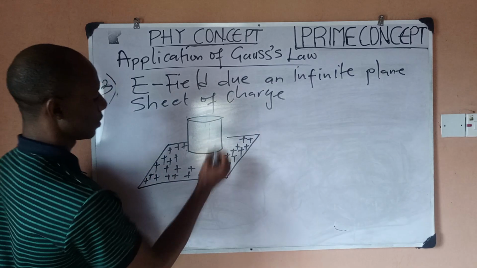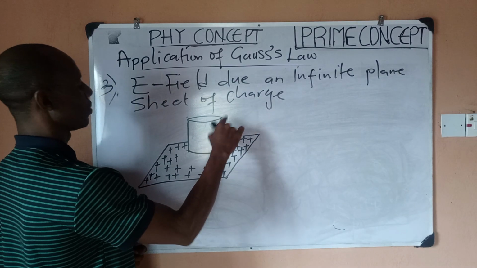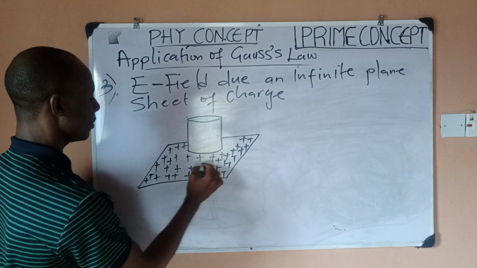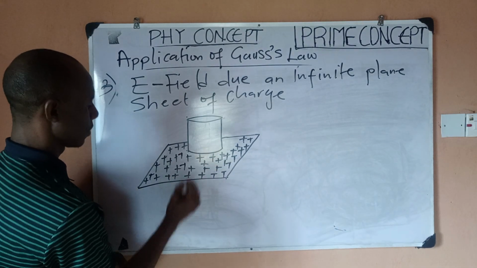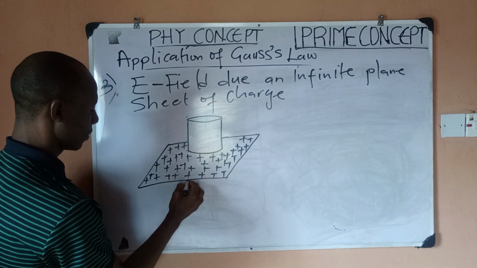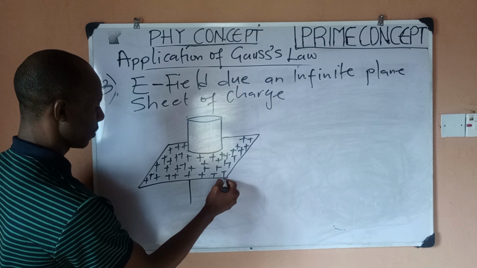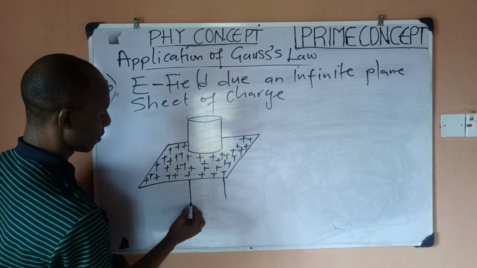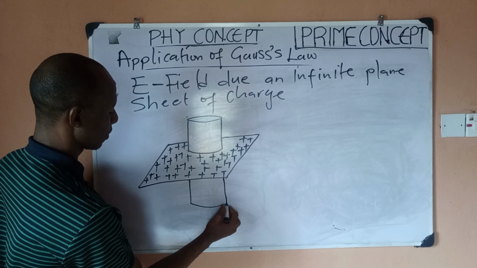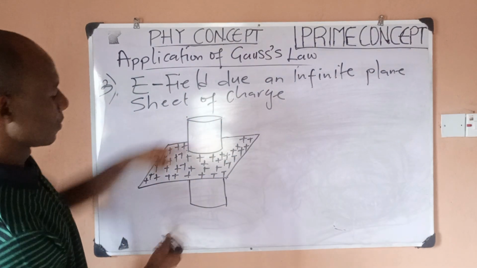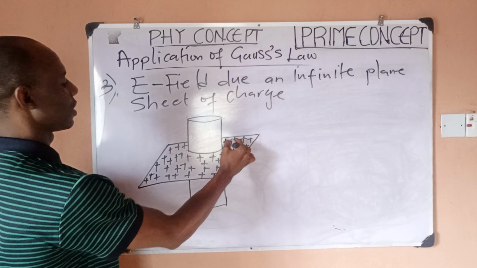Don't mind my drawing. I'm just trying to paint the picture so that you can understand, right? So this is our cylindrical surface enclosing this plane sheet of charge.